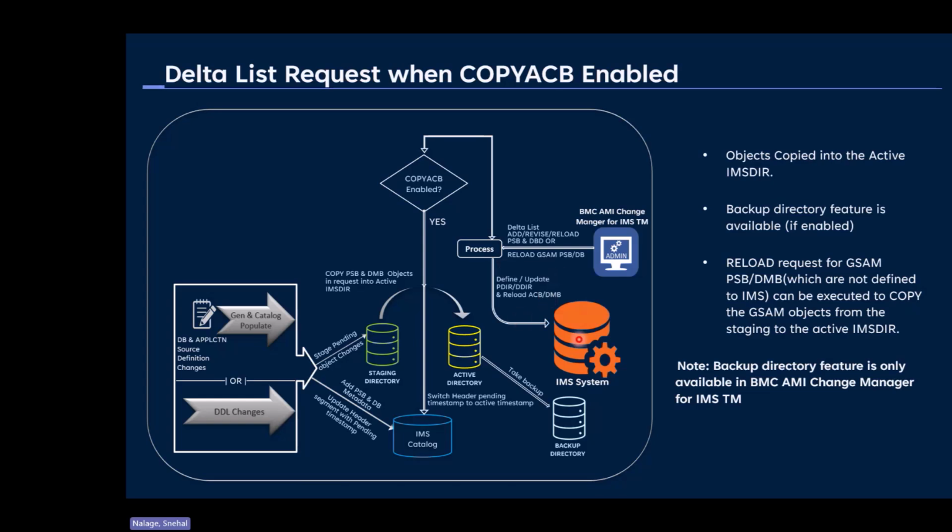Then it continues with its processing in the control region, defining the DDIR and PDIR depending on the request, flushing the existing member and reloading the ACB and the DMB control blocks from the active directory. Now here, if it's a reload GSAM request, this part will not be performed, because for the reload GSAM request we are just interested in this part where we move the objects from the staging to active directory.